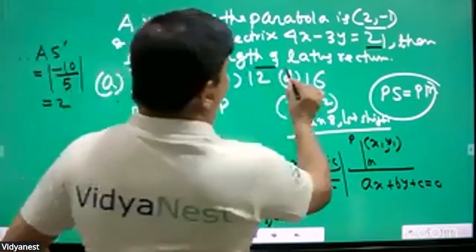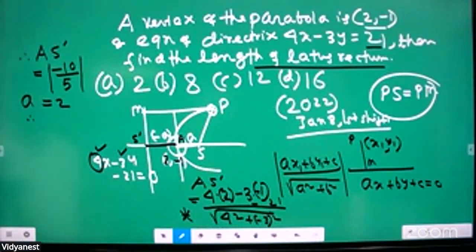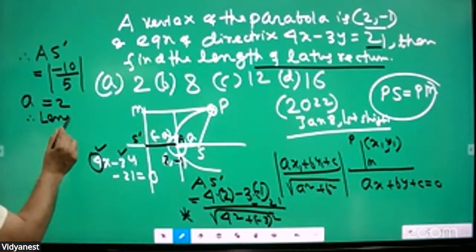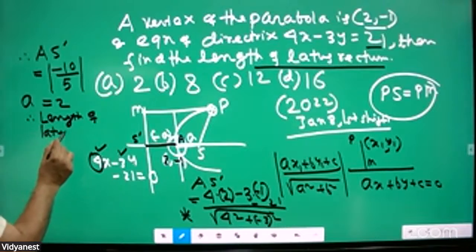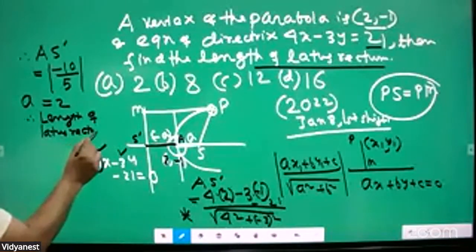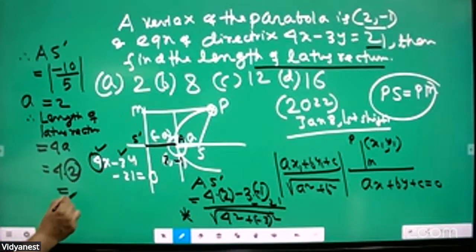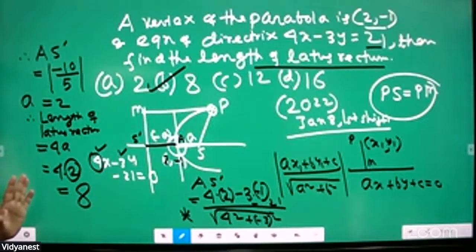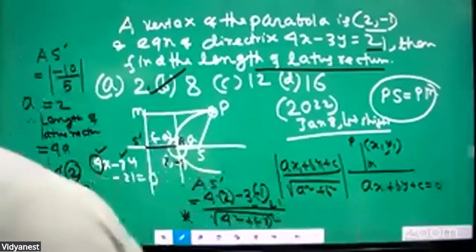We are told to find the length of lateral rectum. Therefore, earlier we got length of lateral rectum 4a. That means 4 into 2, 8. Option B. Is it that much of tough? Not at all. Yes or no?